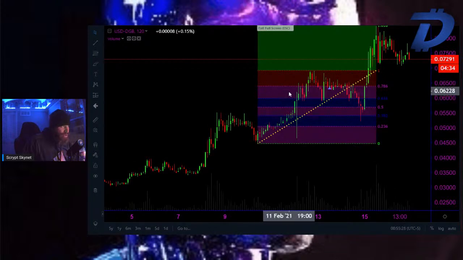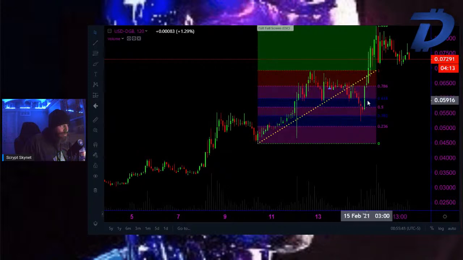That's a range. If it breaks out of this range, like DigiByte went down and broke all the way through the purple range, it's going to hit this support, and this is a bullish support zone right here, the 0.618.